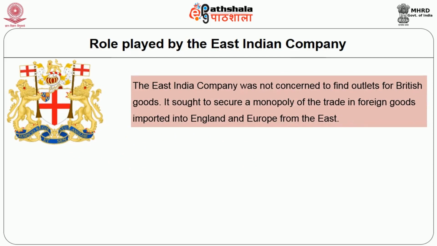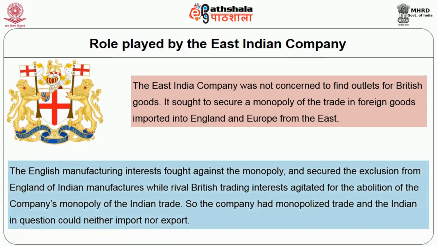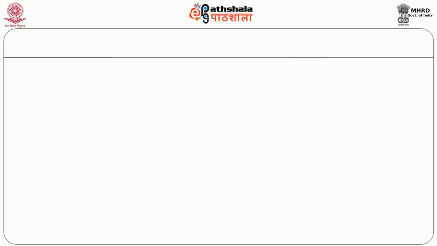It sought to secure a monopoly of trade in foreign goods exported into England and Europe from the East. The English manufacturing interests fought against the monopoly and secured the exclusion from England of Indian manufactures, while rival British trading interests agitated for the abolition of the company's monopoly of Indian trade. So the company had monopolized trade, and India in question could neither import nor export.